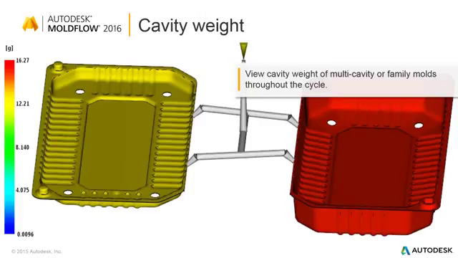So we created a new result, called part weight, and now we track the weight of the part as it fills. You can look at multiple cavities in different ways, and once we did it for the MuCell process, we applied that also to the other analyses results. Just the normal filling patterns can use this now too.